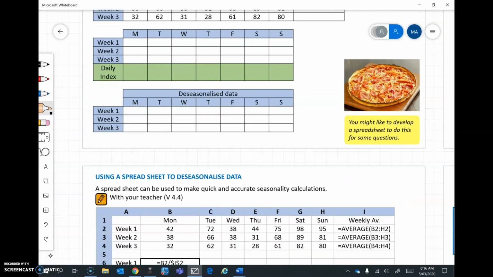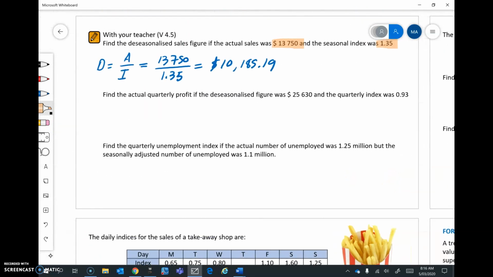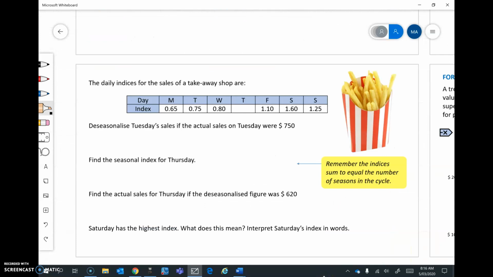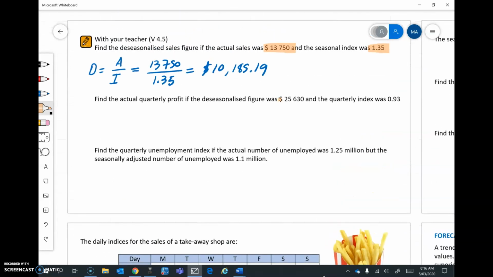A deseasonalized figure of 25,630 with a seasonal index of 0.93. So the actual quarterly profit is equal to the deseasonalized figure multiplied by the seasonal index.